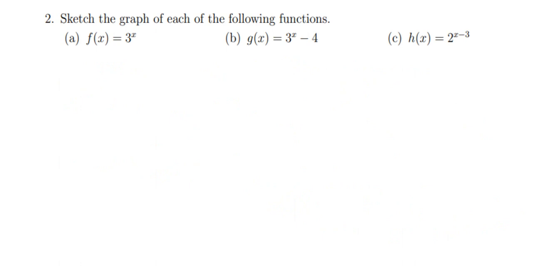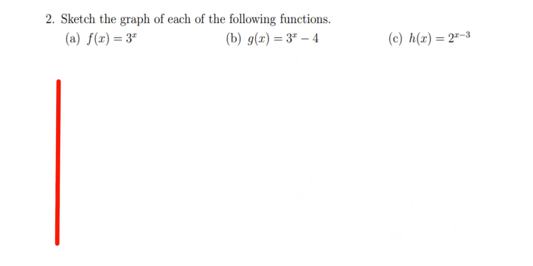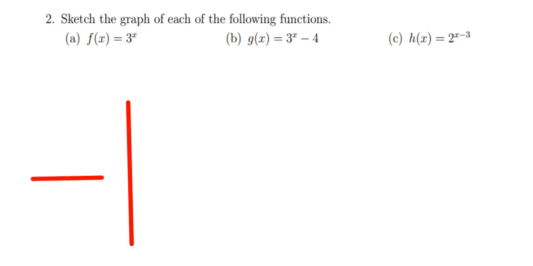Now let's solve the second question. I'm told to sketch the graph of the following. Now this is a very interesting topic when it comes to graphing. Let me write it like this. If that is our graph, and let's say this is our y-axis, this is our x-axis.